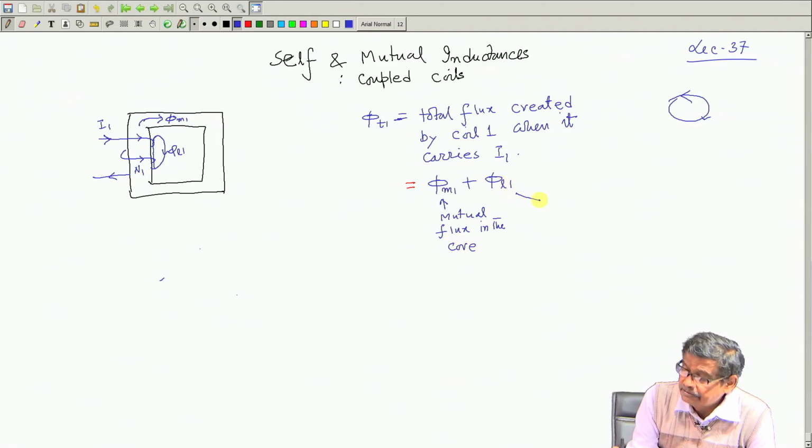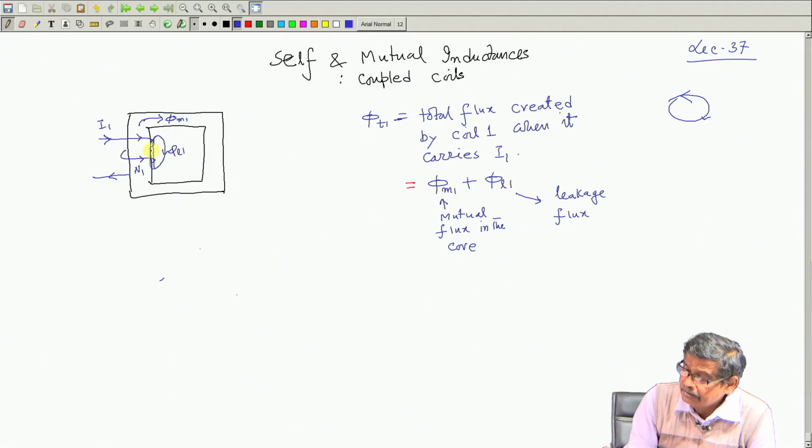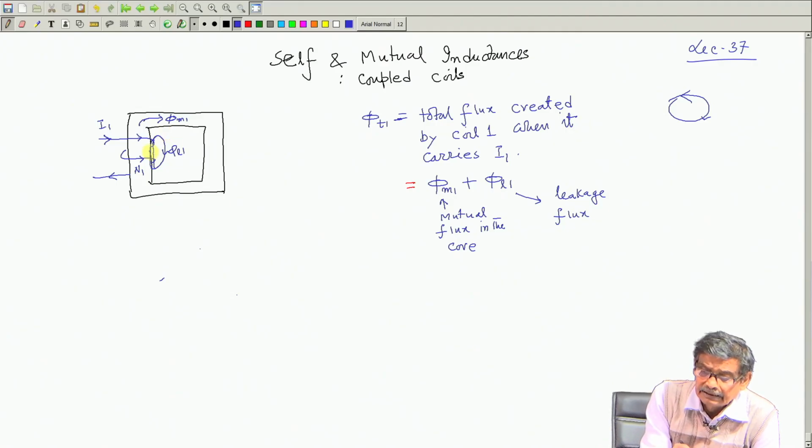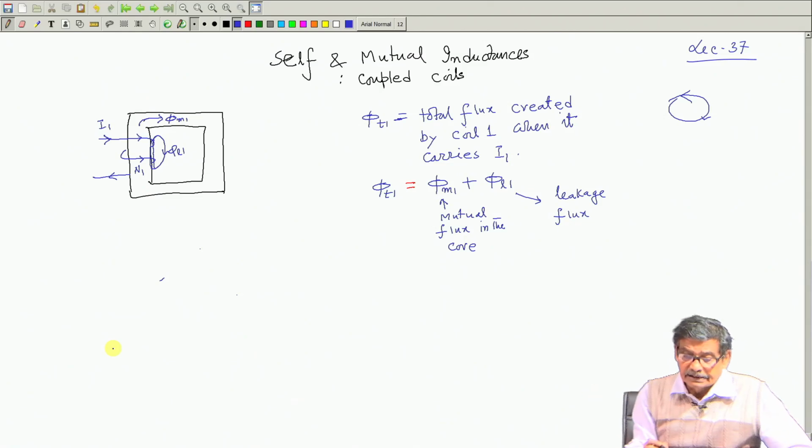And this other part is called leakage flux, which will be completing its path through a part of the core, through the first coil and through the air. It is not in the core, but nonetheless the total flux created by coil number 1 when it carries current I 1 is this one. And what is self inductance?